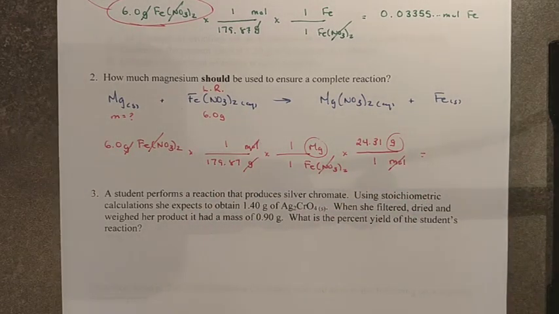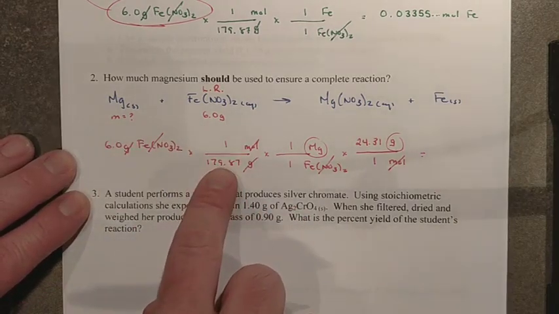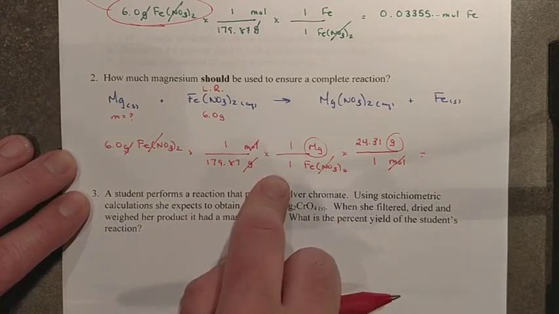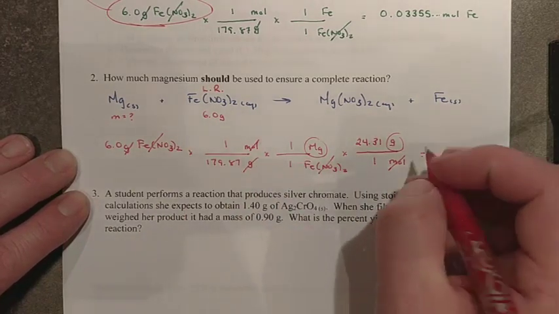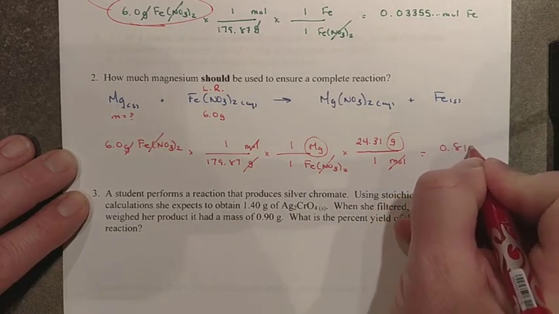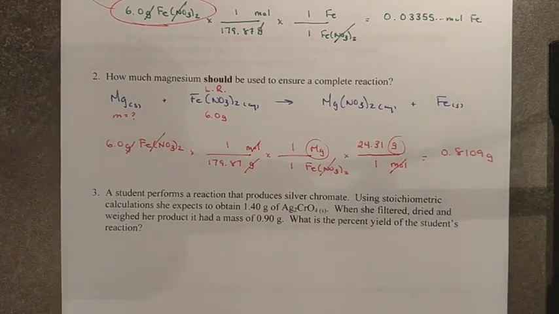And when you run this through your calculator, 6 divided by the molar mass, the 1 and the 1, decide if you want to use them in your calculator or not, multiplied by 24.31, works out to 0.8109 grams of magnesium. Now this is the absolute minimum amount.